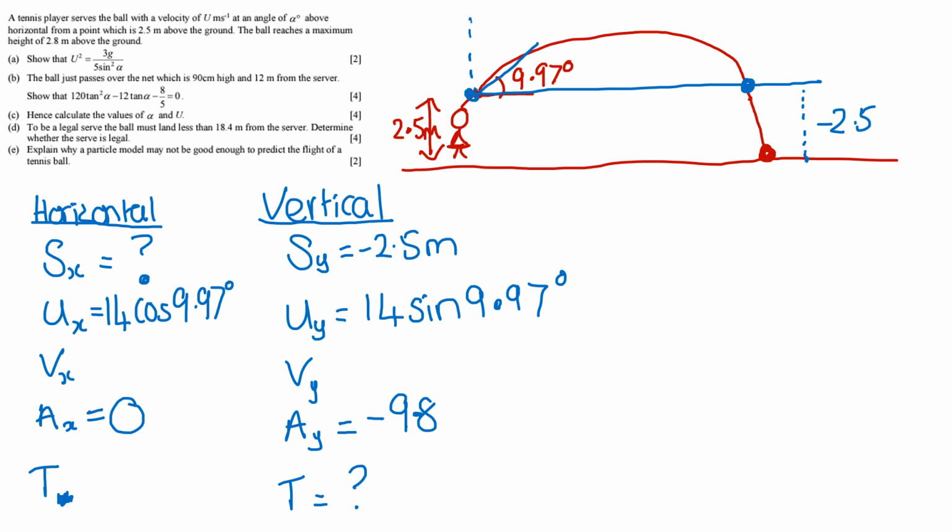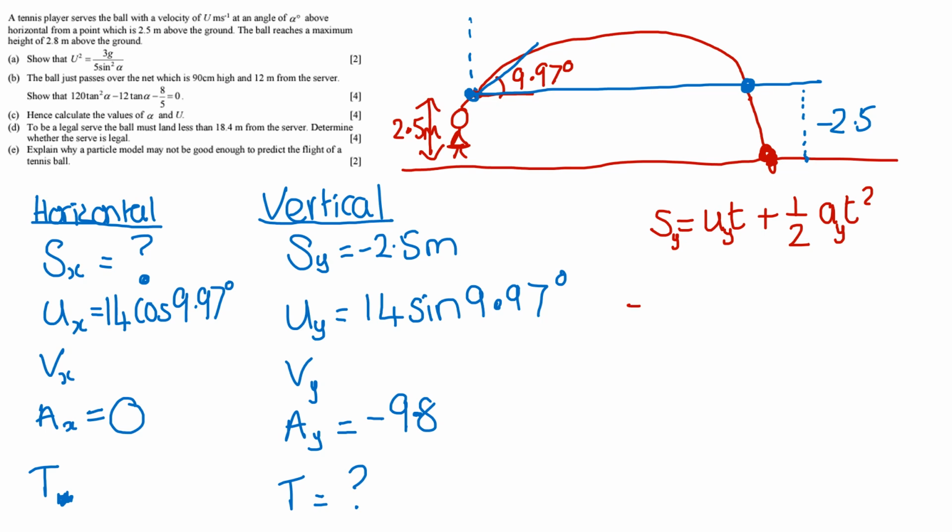So my SUVAT equation I'm thinking about is S equals UT plus a half AT squared. That's in your formula booklet. And I'm doing it for Y. I can get the time that it hits the ground here, and then that will be substituted into there to find how far it's gone.